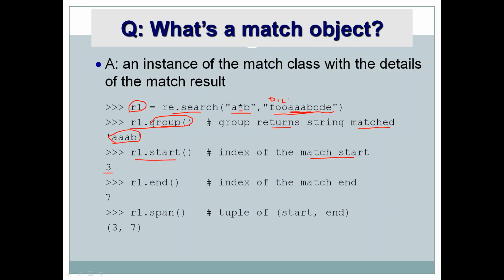Then the match starts from this position, so a is at the third position. So start is 3. In the same way you get r1.end, where the match ends. Then you can even use r1.span, which returns a tuple of start and end. It gives both start and end.